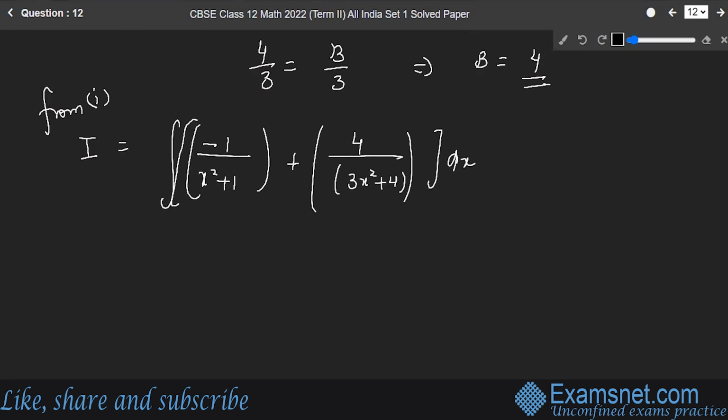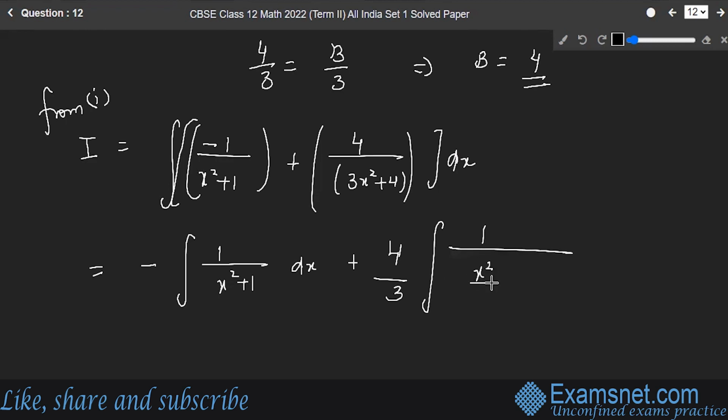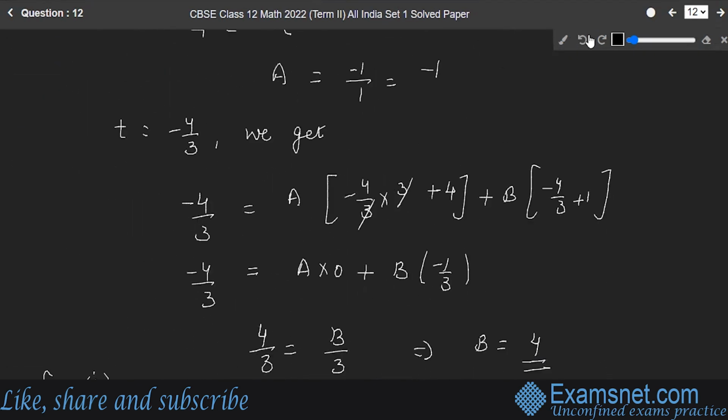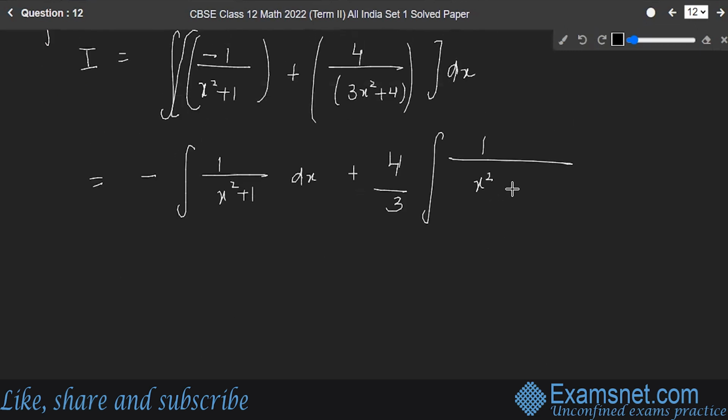Fine. So now this is equal to, let's split it up. This is minus integration of 1 upon x square plus 1 dx plus, I'll take the 4 outside, and 3 outside because I want to make the coefficient of x square as 1. 1 upon x square plus 4 by 3, that's it, dx.